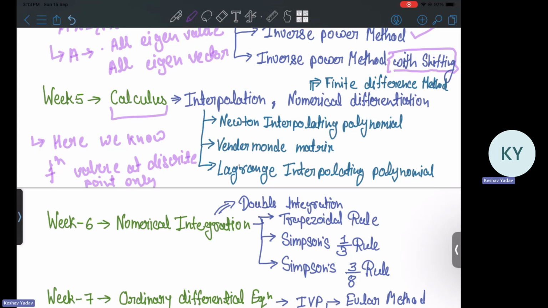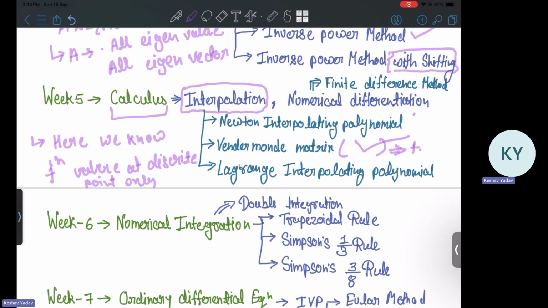The first thing that we discussed is interpolation. Interpolation means we have the function value at some discrete points, and we try to find a polynomial that can exactly fit at the given discrete points. There we discussed the Vandermonde matrix method. This method is very tedious.